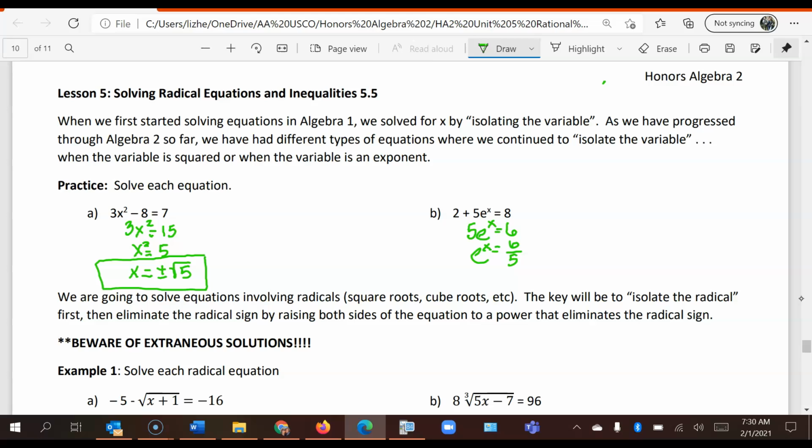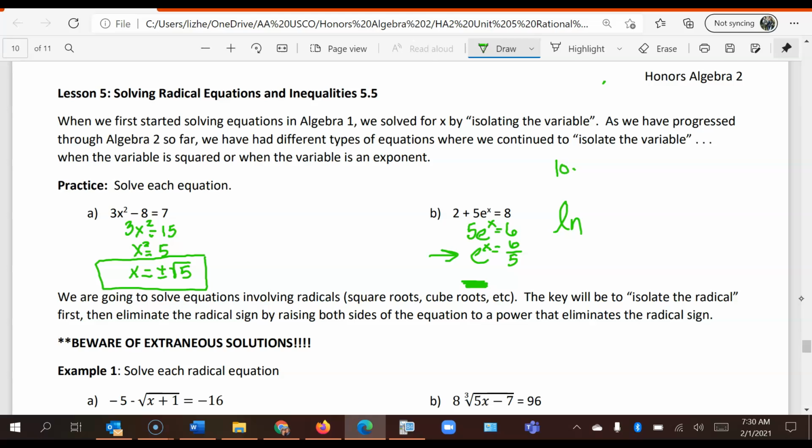And now the way we isolate our variable is we use our logs, remember? So we would just rewrite this equation in log form. Now remember, you can only do that when your e to the x, or whatever exponent base to the x, is isolated. So how does that work? You write the ln. It's the ln because it's base e.